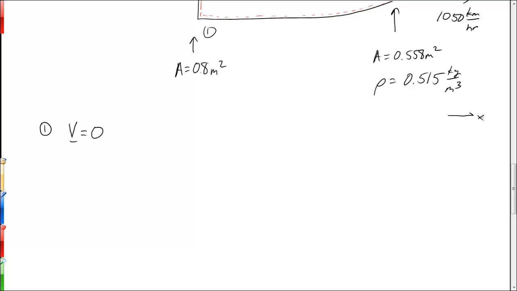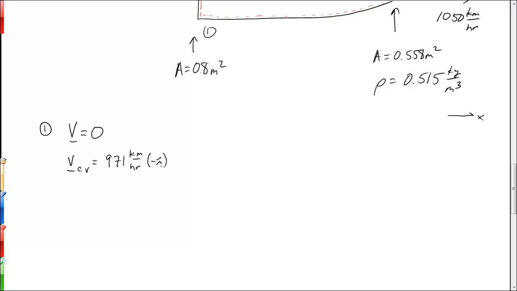And so the absolute velocity is 0. The velocity of the control volume is going to be equal to the speed of the plane, which is 971 kilometers per hour. And it's to the left from the viewpoint of somebody standing on the ground, so it's in the minus i hat direction.